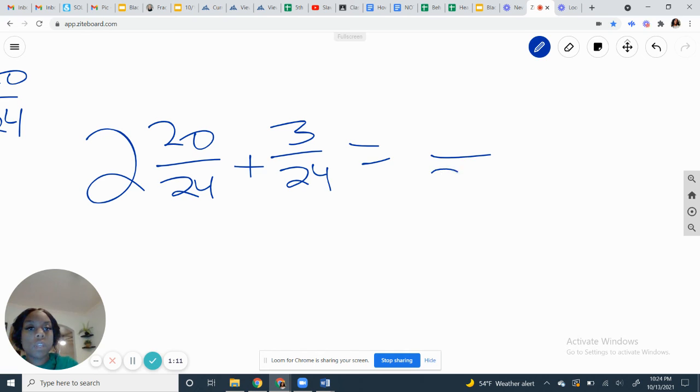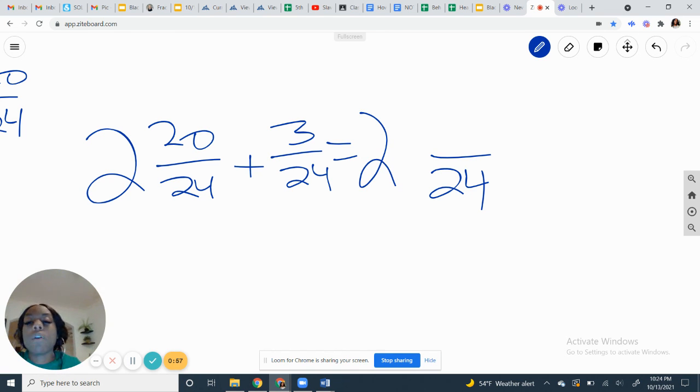Leave the denominator alone. And we're going to also leave the whole number alone. 2 here. And now all we're going to focus on is the numerator. 20 plus 3. Easy peasy lemon squeezy.